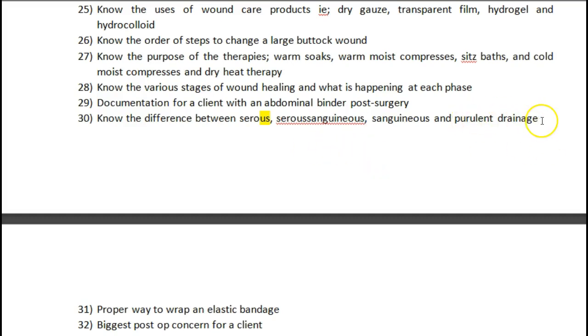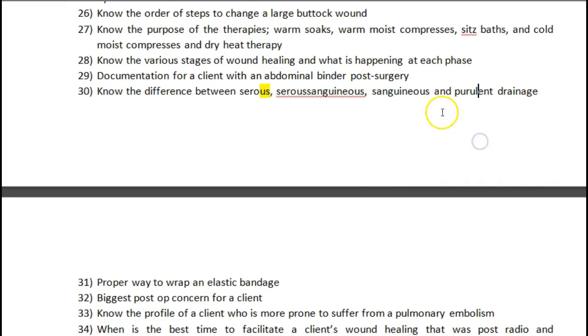You have the purulent drainage. Purulent is thick, yellow, green, or brown, and it indicates the presence of dead or living organisms and white blood cells. A lot of times when you see purulent drainage and white blood cells, you know it's infection. It usually has odor.